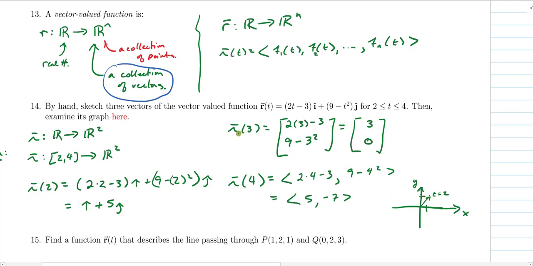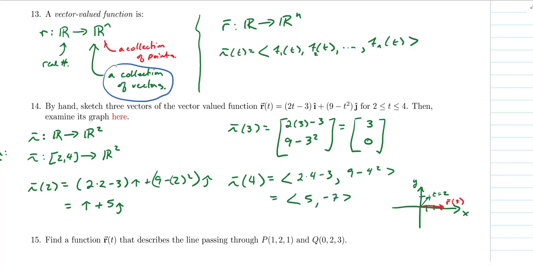And if we plot the second vector, when time was 3, that's the vector 3, 0, so 2, 3, that's this vector right here. That would be the output of r of 3, or when t is 3, that output vector.